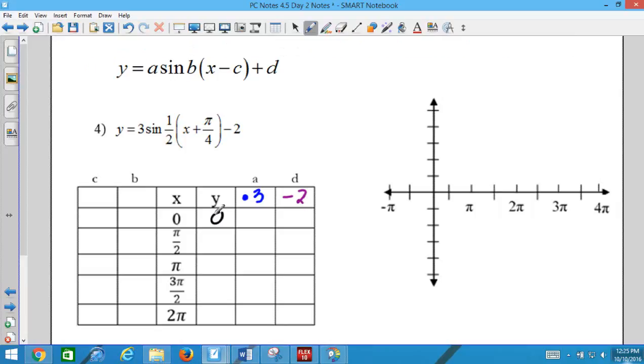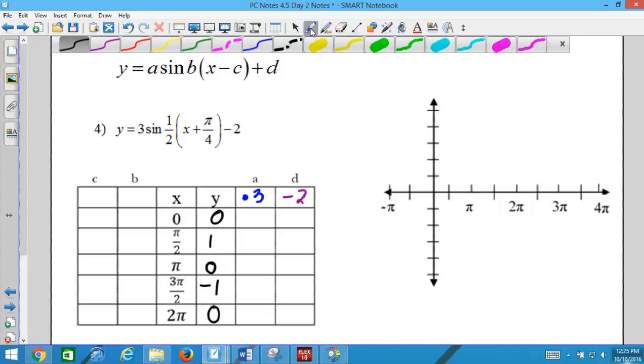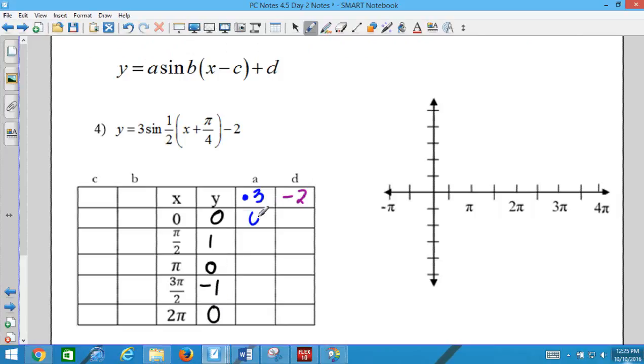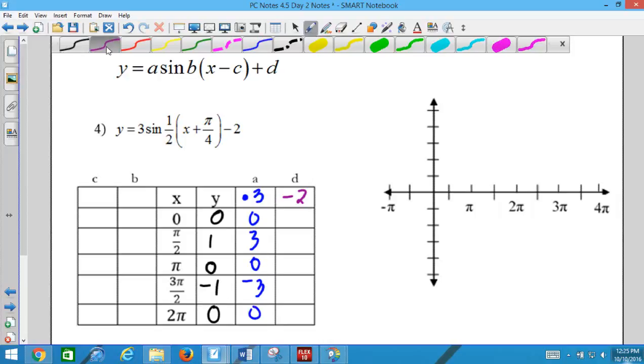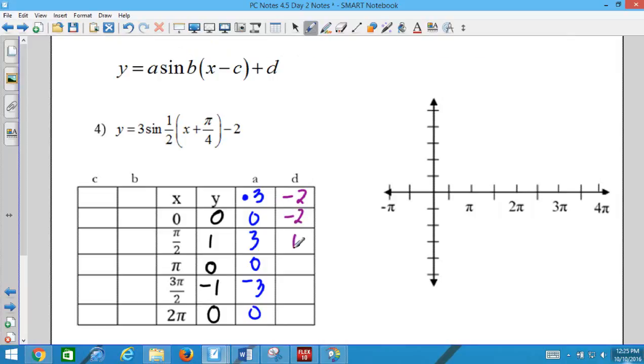This is sine. So we're going to multiply by 3. And then subtract 2. So you go all the way out on the y side.